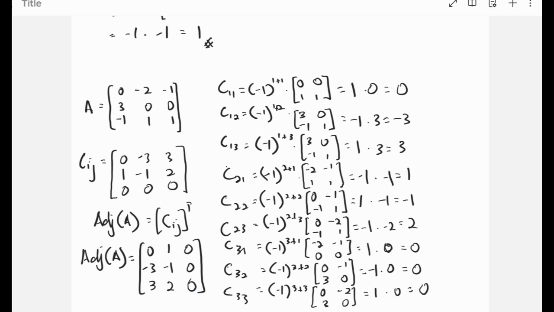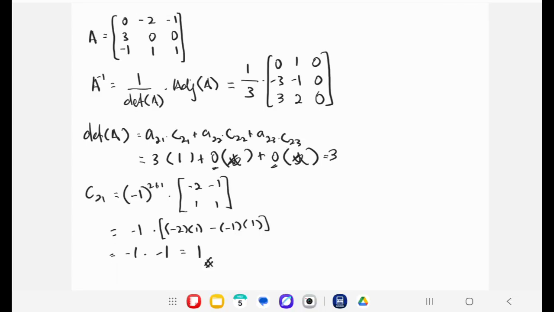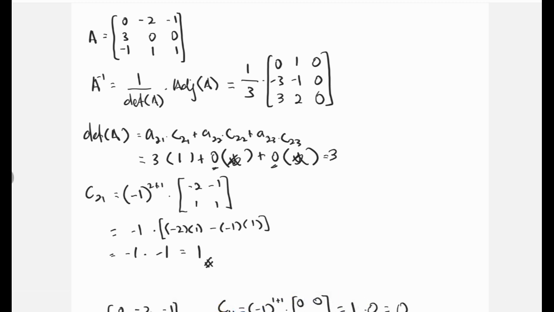So we're going to put this matrix up. This is how it should look in our inverse formula. So 1 over 3, which is this determinant, times the adjoint that we calculated just now. The next thing to do is to simply calculate the 1 over 3 times all the elements inside.